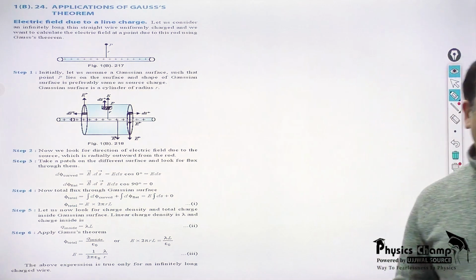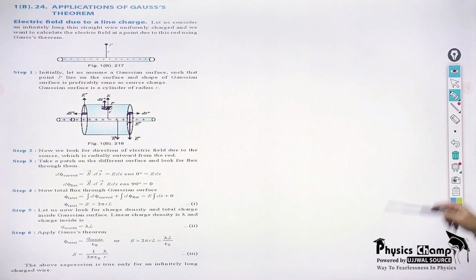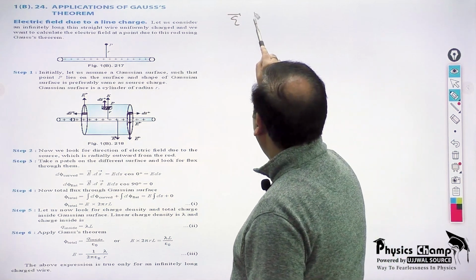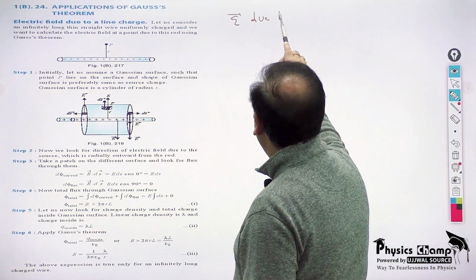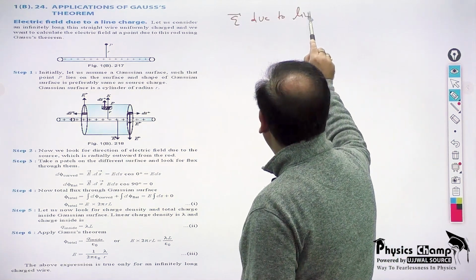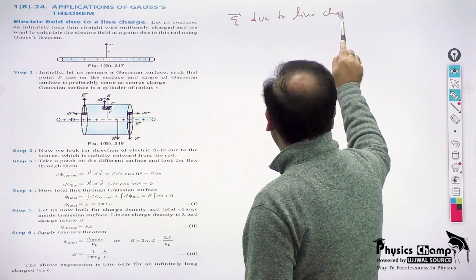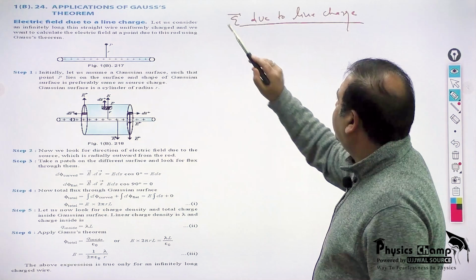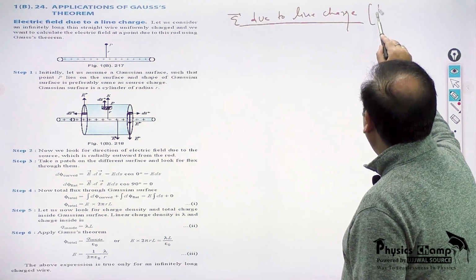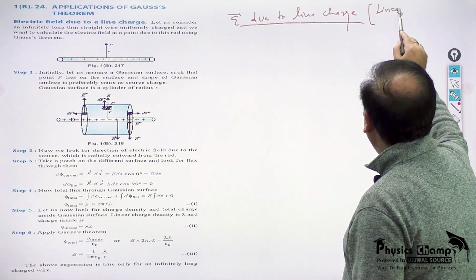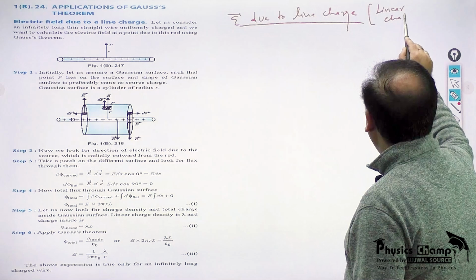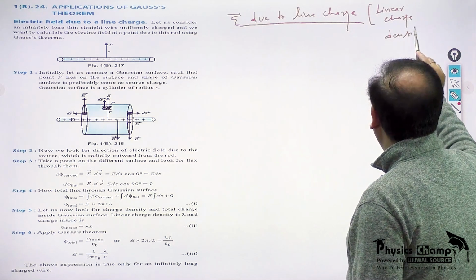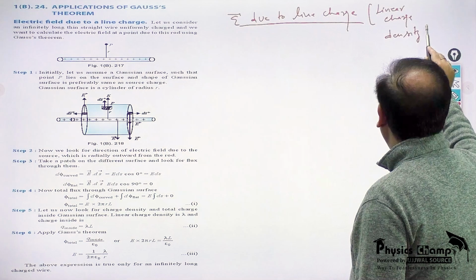So the first case which I take, first application, is electric field due to line charge distribution. Line charge, where we have a linear charge density, lambda.